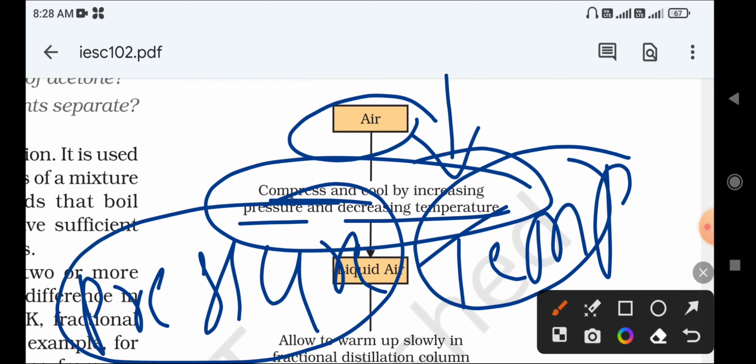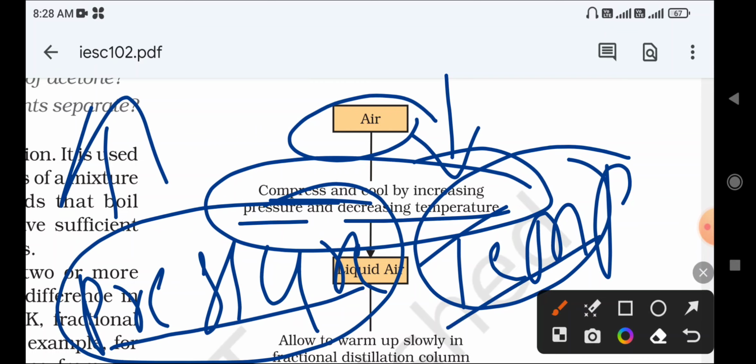By this, we can easily convert the gases in the air into liquefied air.